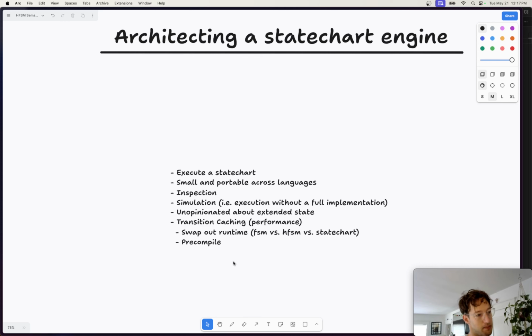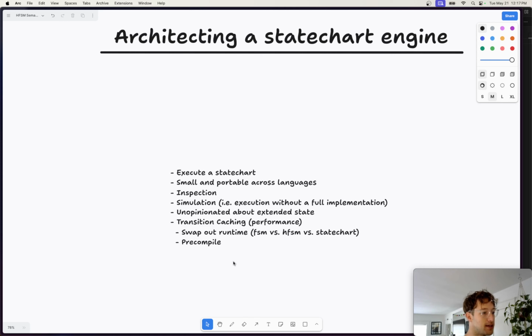That would not be portable. Or is there a way that we can write this in some language that can compile to WASM and then be used in any language that supports WASM? There are constraints and concerns that you want to think about if you're trying to make a state chart engine small and portable, so that it can be used across a varying set of programming languages.